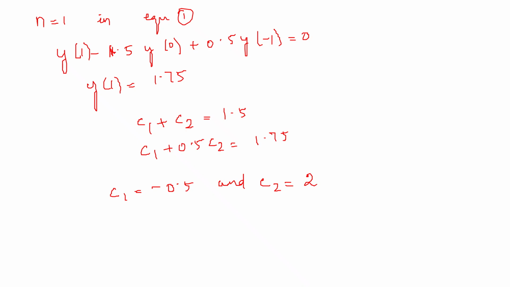Using these two arbitrary constant values, I can write my homogeneous solution, which I defined as c1 1 power n plus c2 0.5 the whole power n.